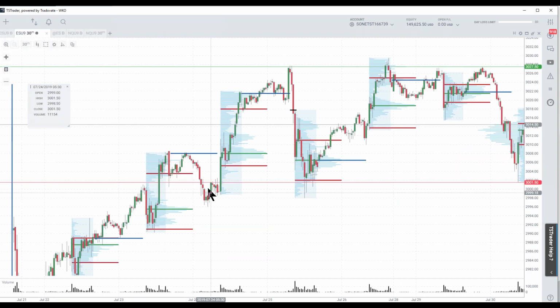Okay, so as an example, we have an up day here. We finished this day right at the highs. Okay, this blue line here represents settlement from July the 23rd, just last week, okay, or so.